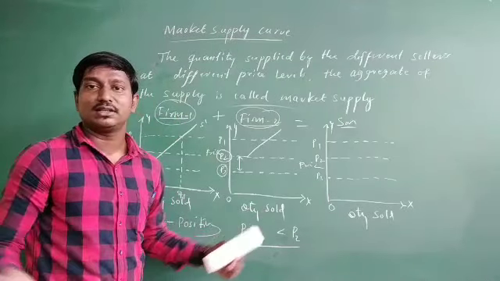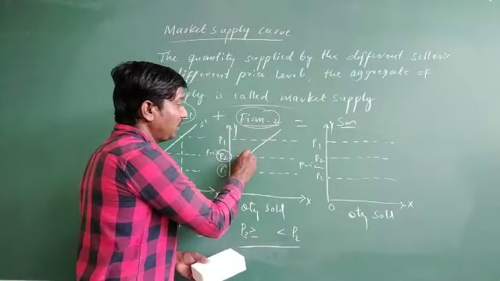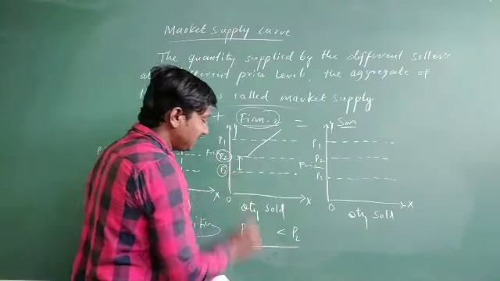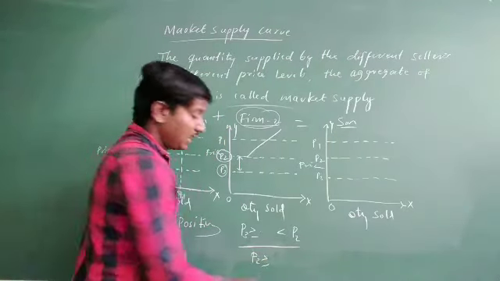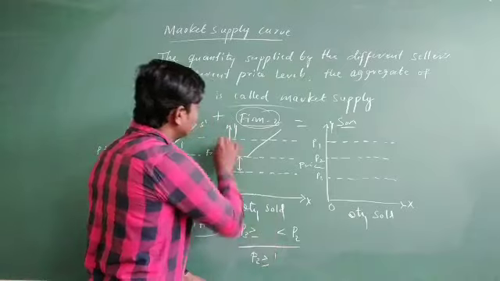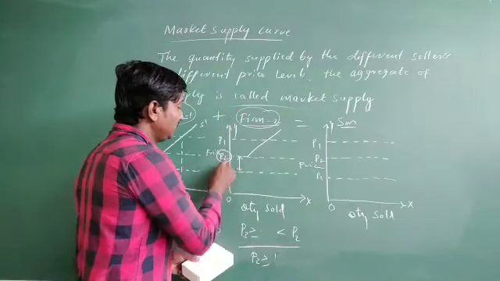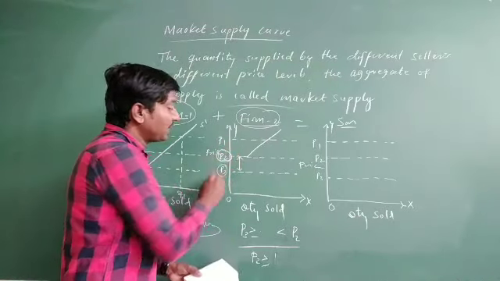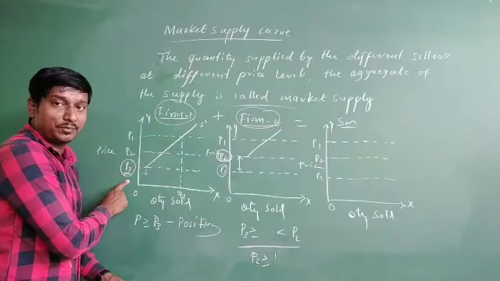No quantity here, firm 2 is not selling any commodity. Firm 2 supplies only when the price is greater than or equal to P2 and maybe up to P1, and if the price still increases, then it supplies. Okay, but firm 2 supplies when the price is greater than or equal to P2, but it is not so in case of firm 1.